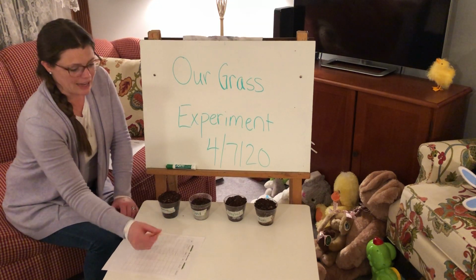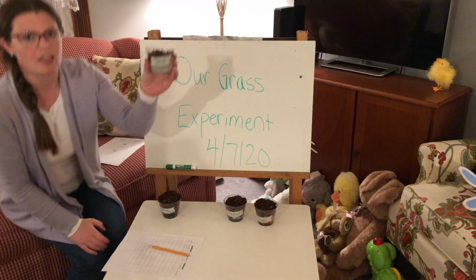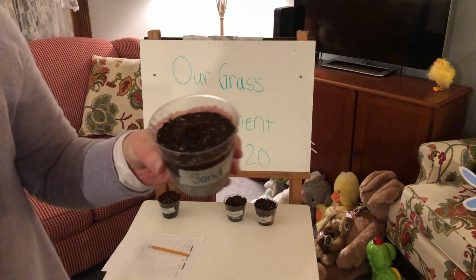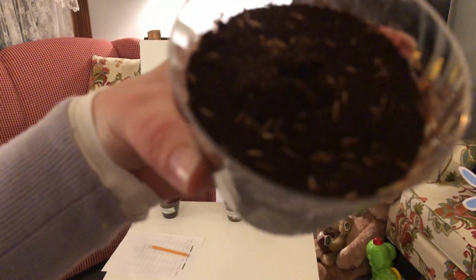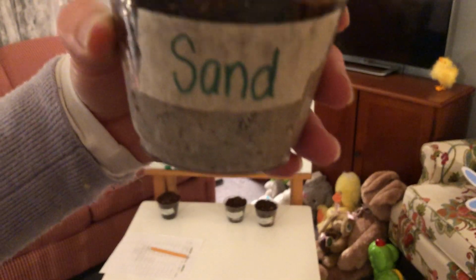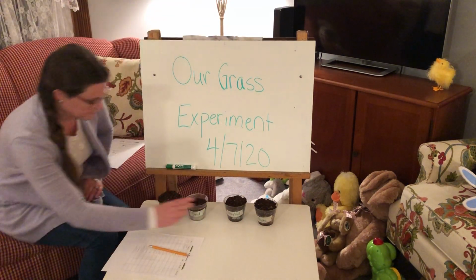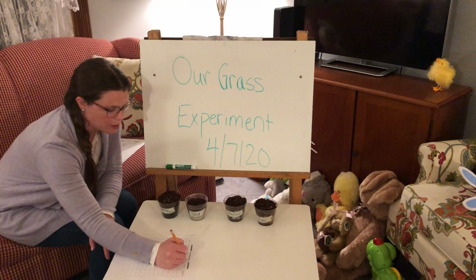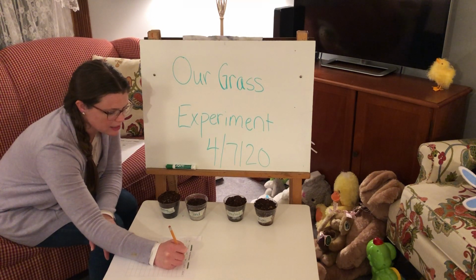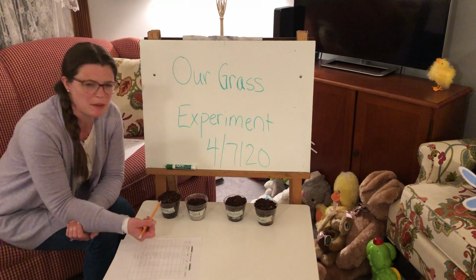Now we're going to look at sand. We're going to move on to that next box. This is the cup with the sand. It looks pretty much the same. I see seeds, I see dark soil. Now, when I compare these two, it might be hard for you guys to see.